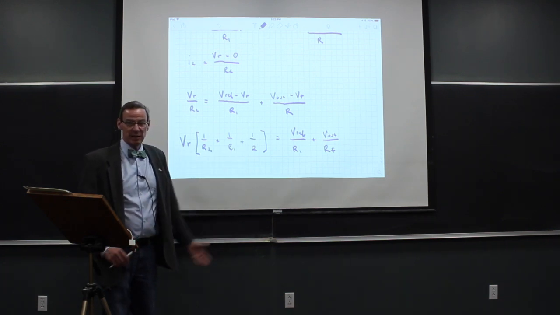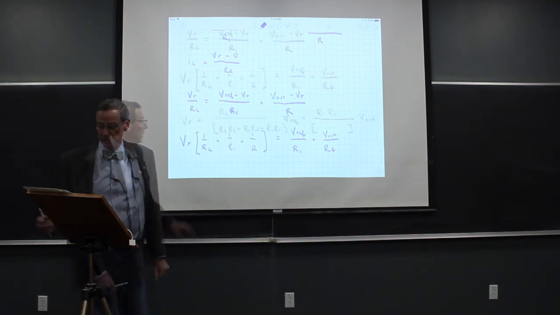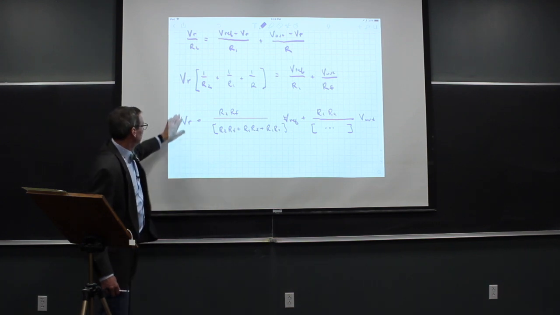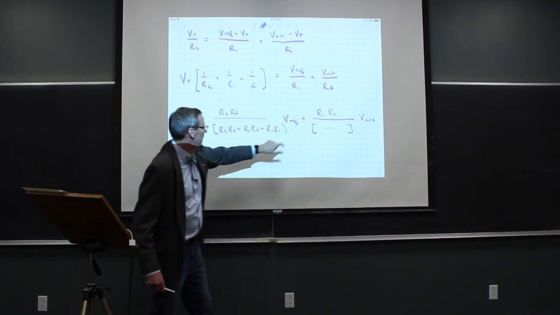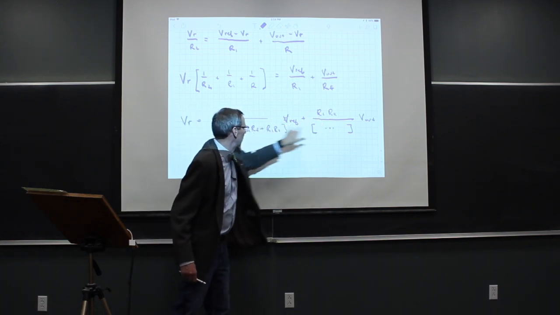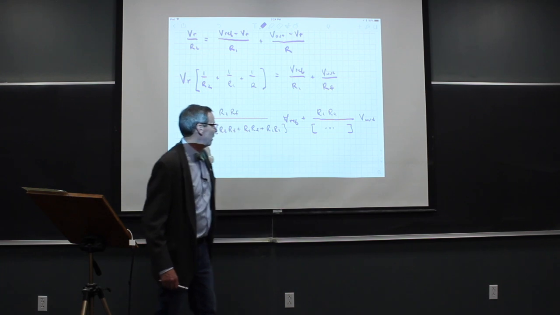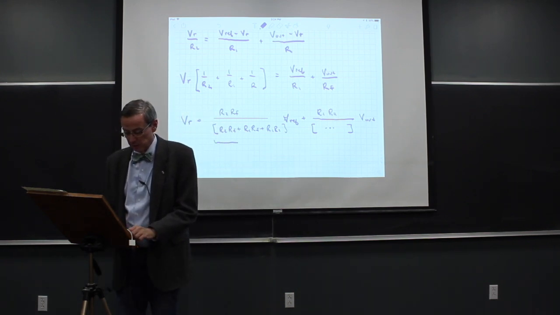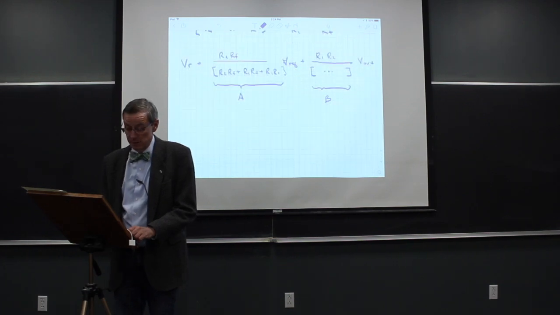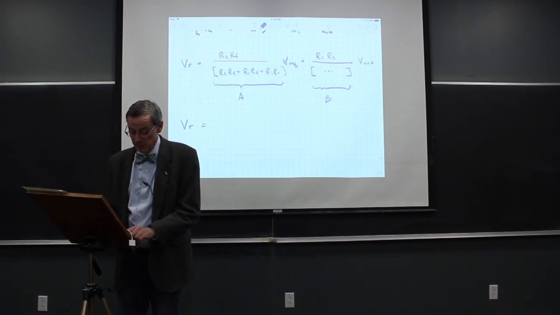It's a kind of messy algebraic expression, but we could do that. So we could rewrite that and come out with this. VR is going to be this combination of resistors times Vref, plus R1, R2 over the same thing times Vout. So a little simpler there. We could just simply call that A and that B. And then VR is going to be A Vref plus B Vout.